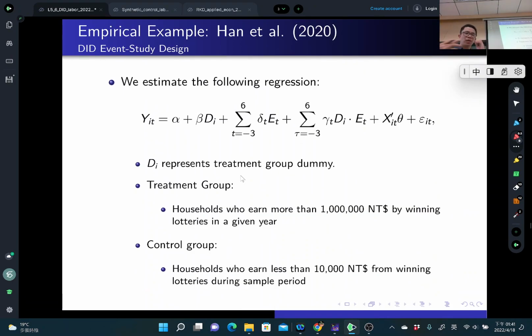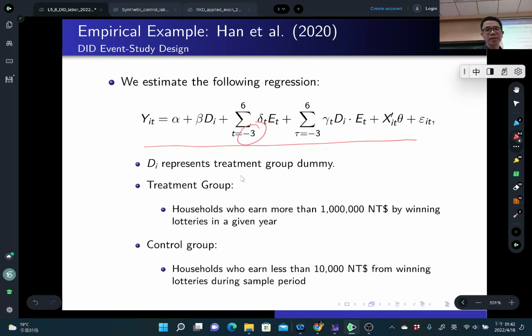So for the difference-in-differences design, the regression is like the following. We want to know how income affects fertility in each year after they win a lottery prize. Also we want to test the pre-trend before treatment happens, whether the treatment group and control group have a similar trend.